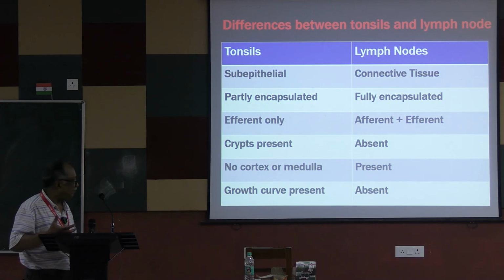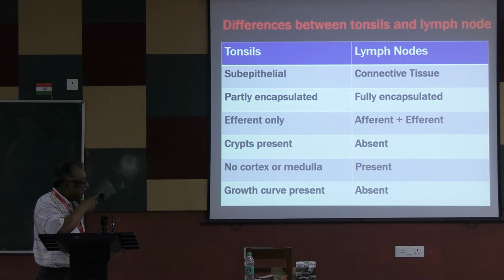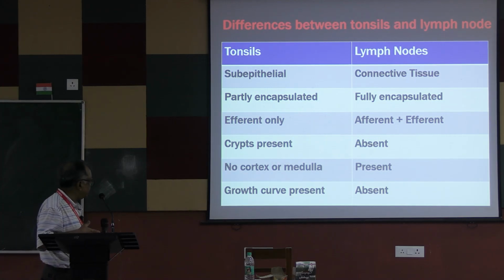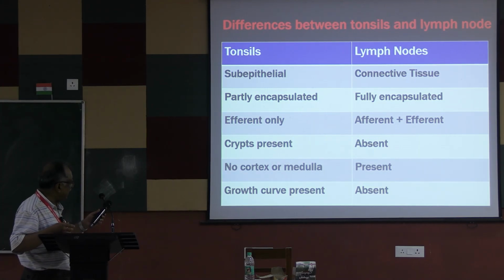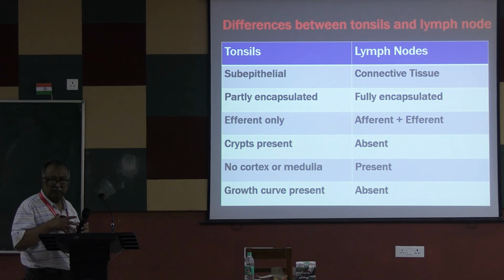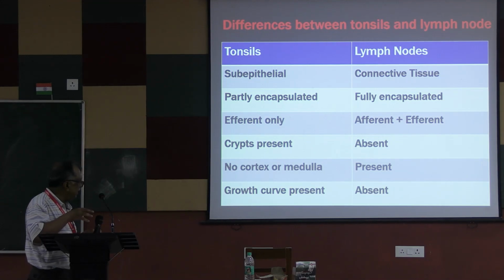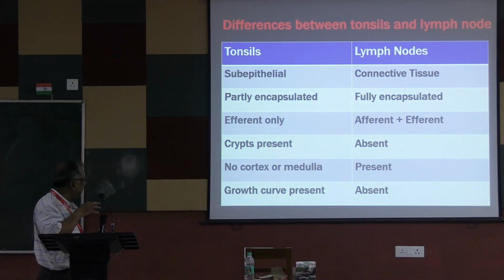There is no question of afferent there, but the lymph node takes something from other organs or other tissue of the body, so there is the afferent. There is no cortex and medulla; it is a very varied type of histology, with no definite formation of medulla, cortex, or even follicles. And there is a growth curve present.